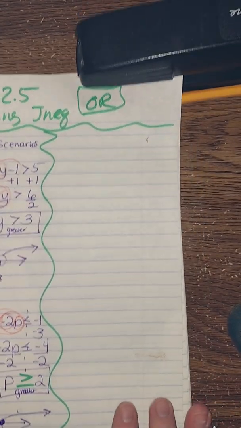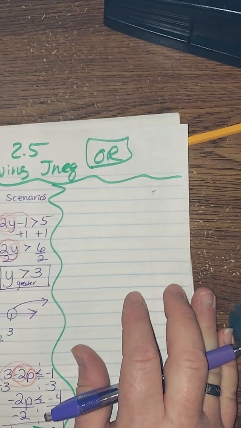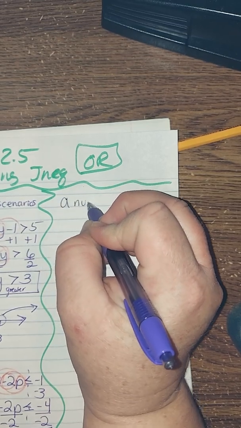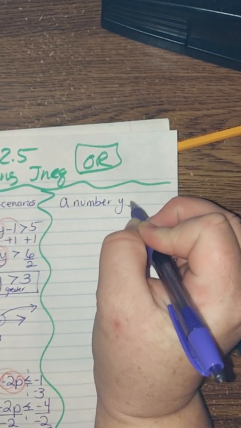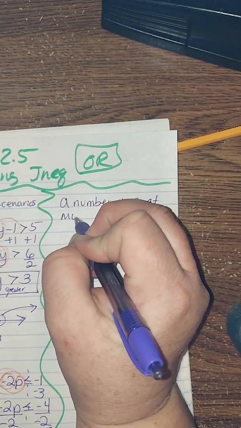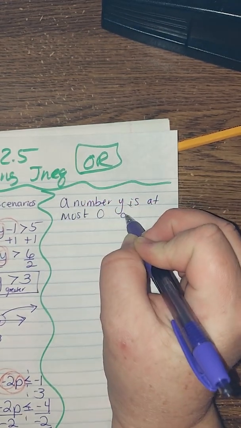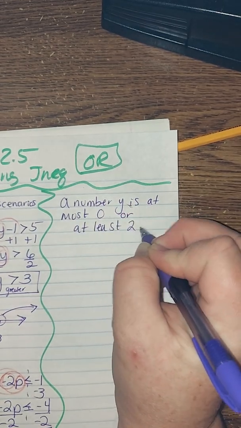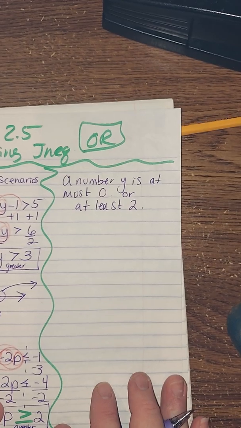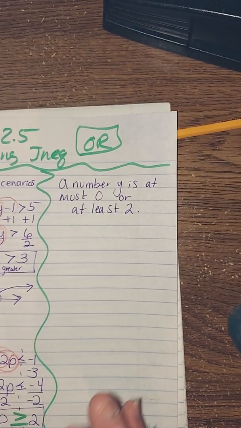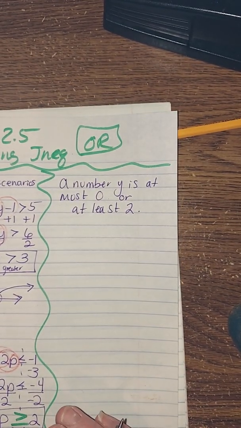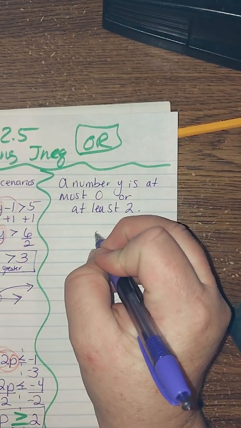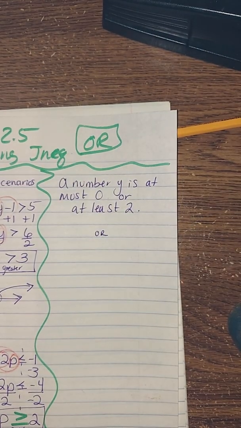All right, the only other thing is, can you write a statement? So here we go. A number, y, is at most 0 or at least 2. Whoa, what in the world? So remember, you don't have to write this all in one. You can write two completely separate things because there's an or statement in between.